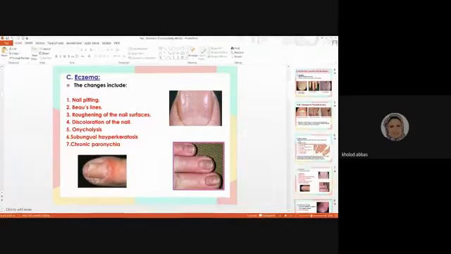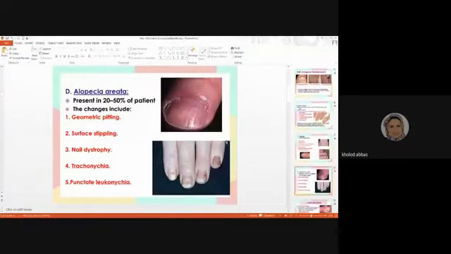Our last example is alopecia areata. Here in alopecia areata, we have nail changes in 20 to 50% of patients, and usually more obvious in children than in adults. These changes include geometric pitting. Here, the pitting usually differs from the pitting of psoriasis and dermatitis.